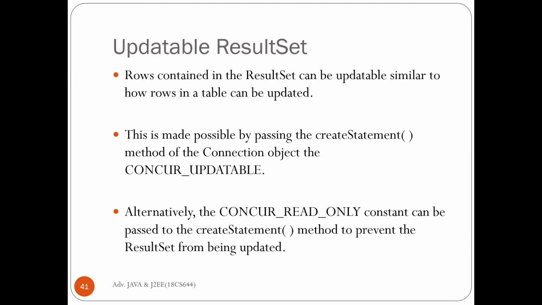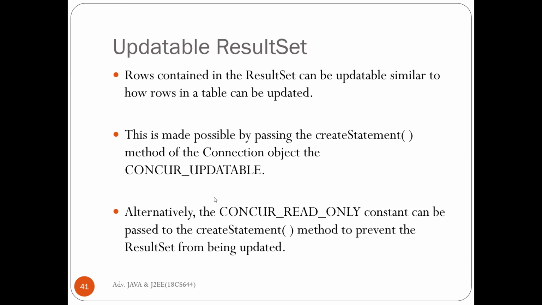In the create statement method, we will pass the constant, that is the CONCUR_UPDATABLE. This is the concurrency constant, CONCUR_UPDATABLE. Alternatively, we can also use CONCUR_READ_ONLY. This CONCUR_READ_ONLY constant can be passed to the create statement again to prevent the result set from being updated.